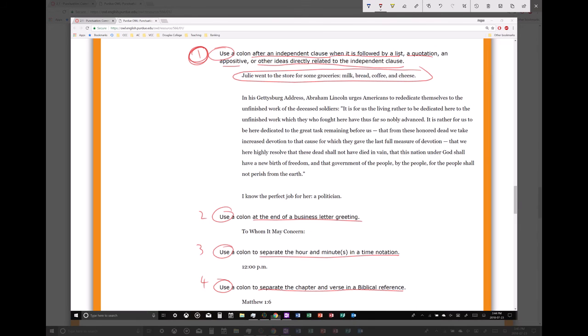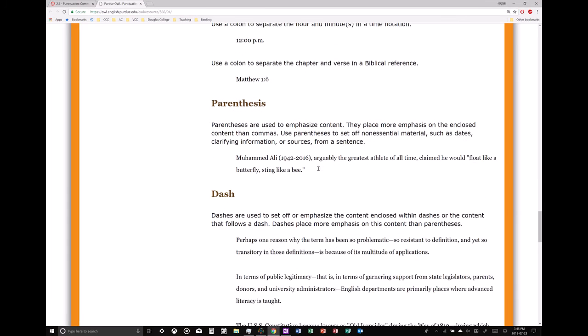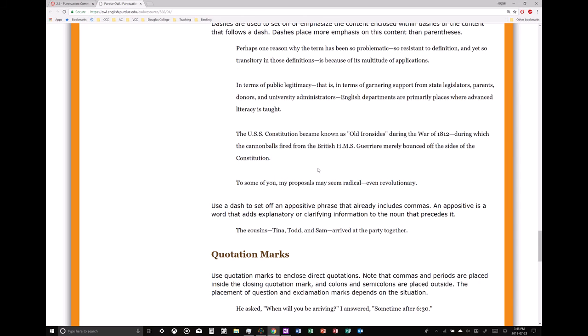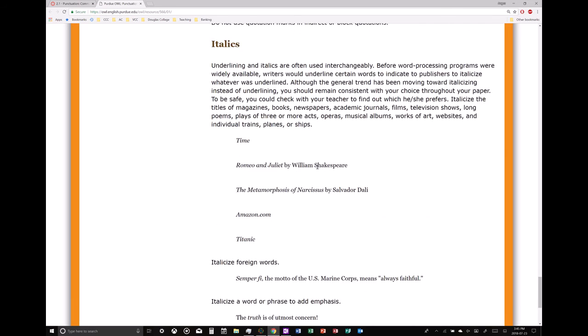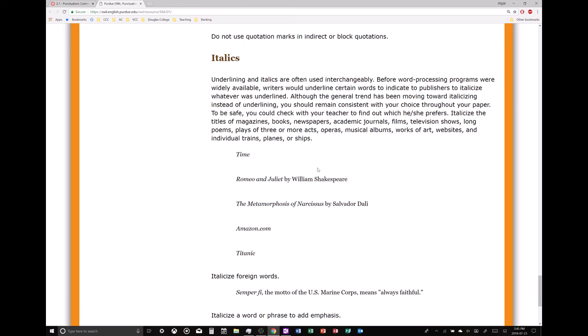You may not use this one as often, you may not use the business meeting or the hours and minutes, but definitely rule 1 is good to write down the rule for and try a few practices yourself. So parentheses and dash could be another page, and then quotation marks and italics could be the last page.